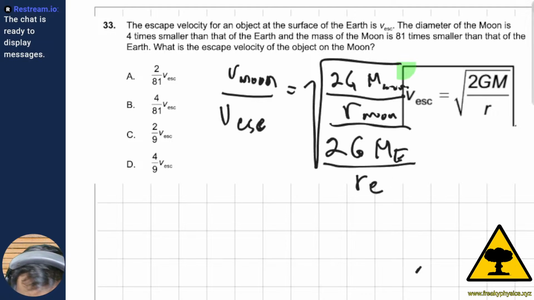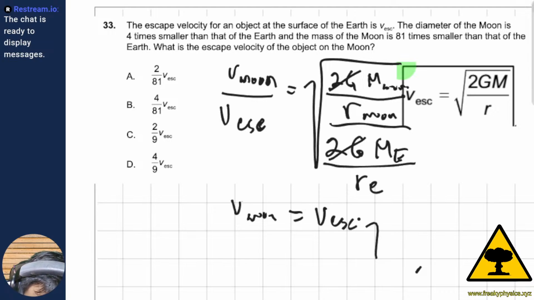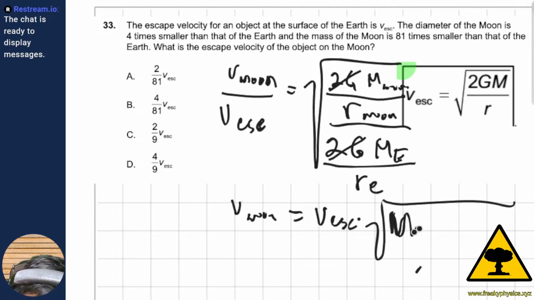What cancels out immediately? The 2G. So we rewrite that: V moon equals V escape times the square root of the mass of the moon times the radius of the Earth over the mass of the Earth times the radius of the moon.